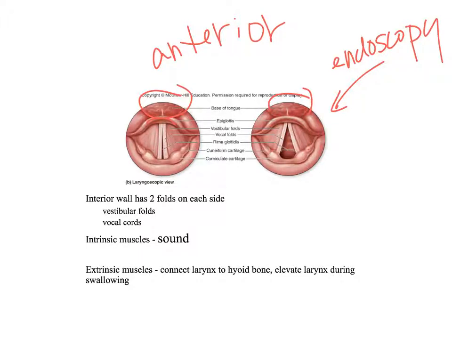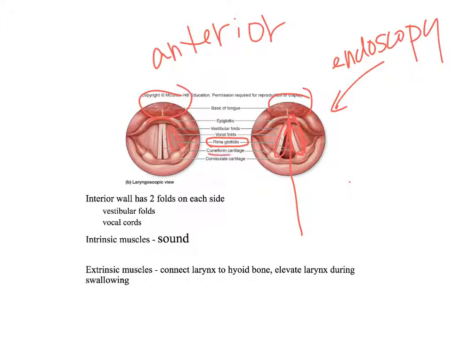What else you're going to see is the vestibular folds, which are out here. And then the vocal cords, which they're calling vocal folds now. These are the vocal cords. When air passes through there, it vibrates them, and that's what's going to make sound. The rima glottis is the hole.